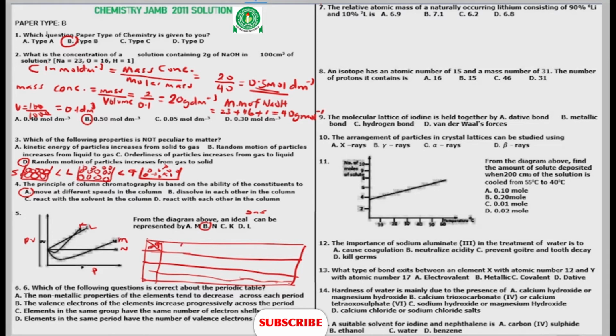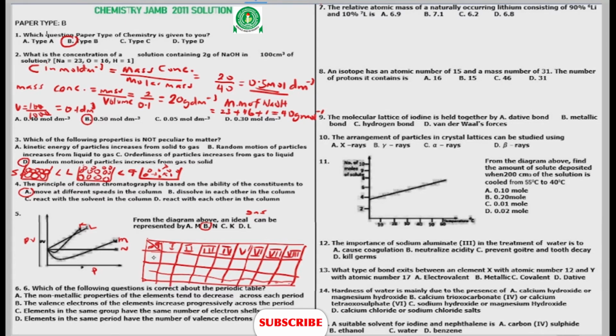We have groups 1 to 8: group 1, group 2, group 3, group 4, group 5, group 6, group 7, then we have group 8 here.